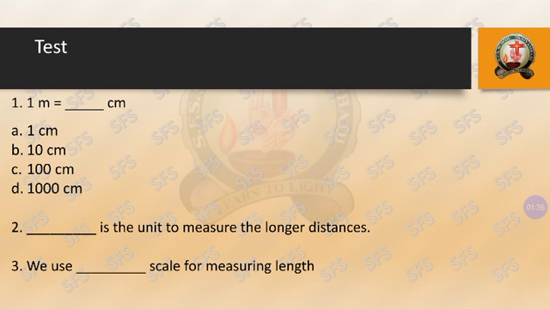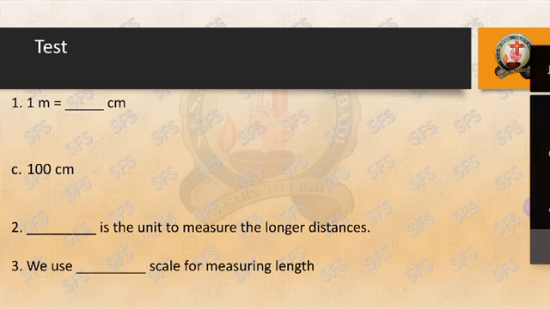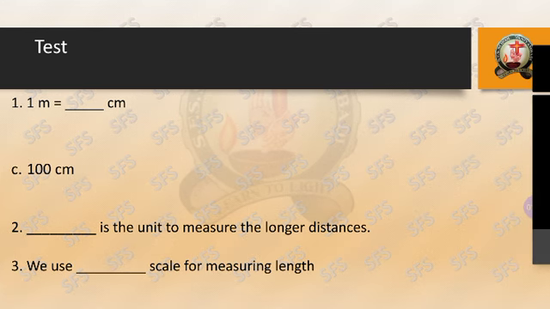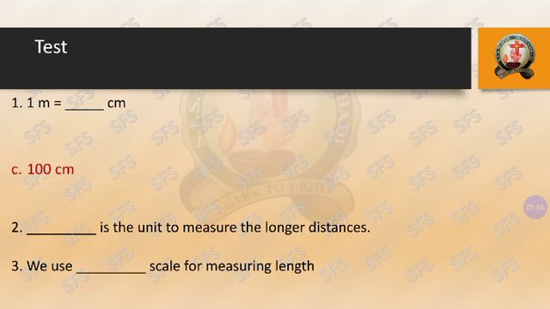Option A 1 centimeter, option B 10 centimeter, option C 100 centimeter, and option D 1000 centimeter. Shall we find out the answer, children? Is it option A? No. Is it option D? No. It is not option B as well. Then what is the final answer actually? It is option C, 100 centimeter.